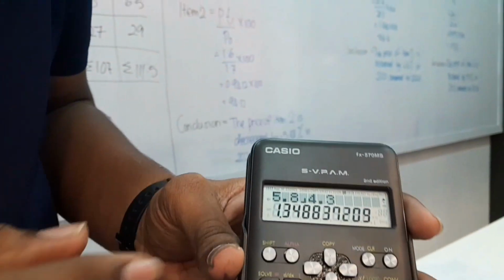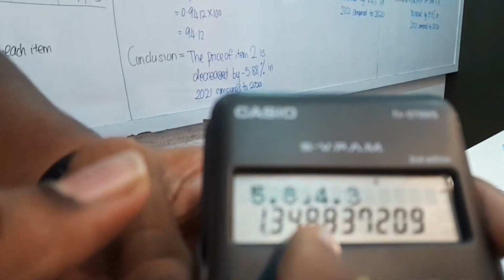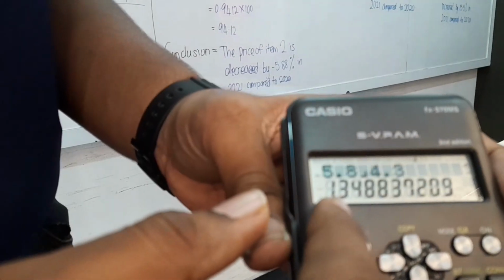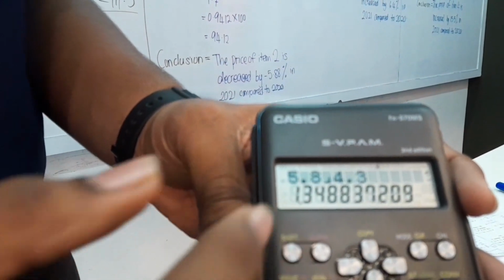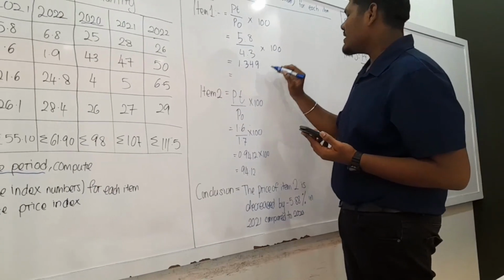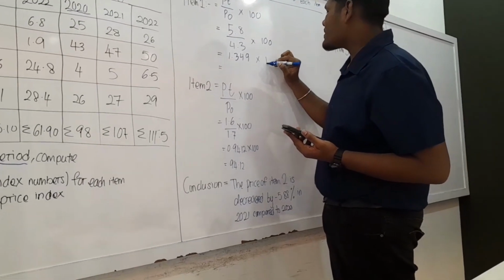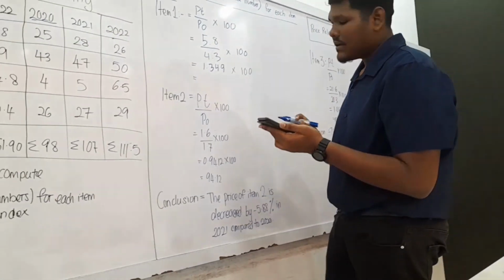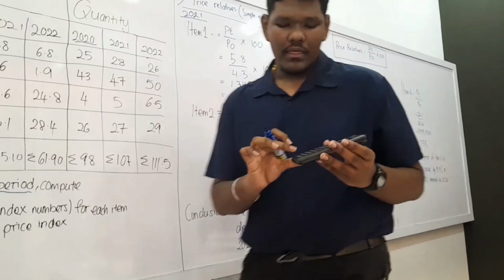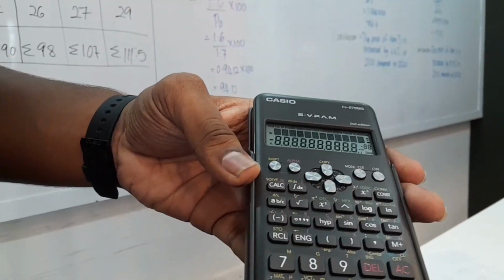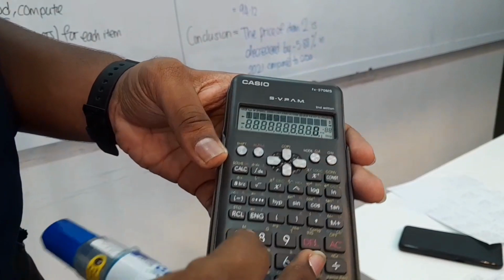These are the answers. You have to take 3 numbers after the point, 3 decimal places. Then you times it by 100: 1.349 times 100.